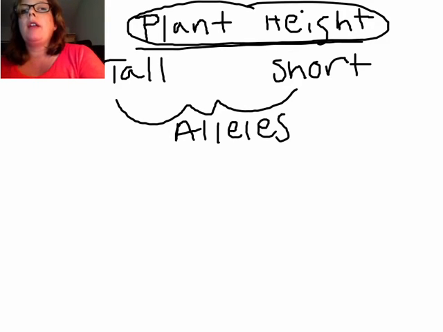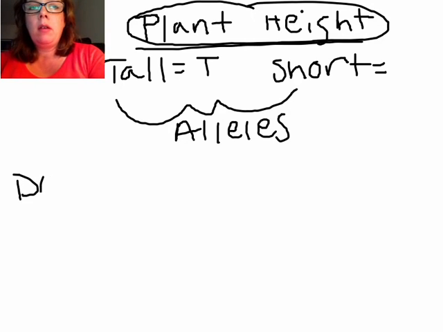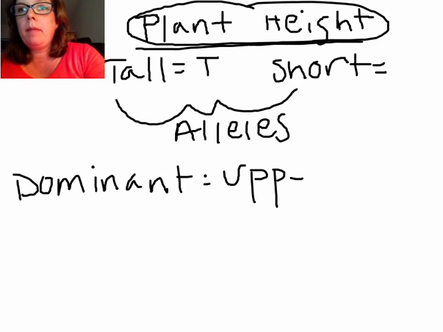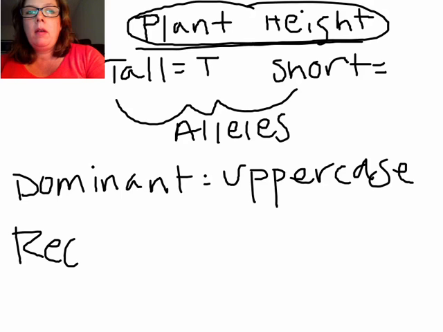Okay, so plant height is the gene, the two forms of that, tall and short, are the alleles that we are looking at. Alright, so how do you actually assign them the letters for the Punnett squares? And again, middle school you probably learned this, but you have to know which one is dominant, and the dominant you're always going to assign the uppercase letter, big T. Okay, so the tall here is the dominant trait, that's the dominant allele, and so we're going to call it big T. The short, being the recessive, is going to need to be labeled, and the rules for assigning the alleles to the trait are: the dominant always gets the uppercase, and the recessive is always going to get the lowercase.